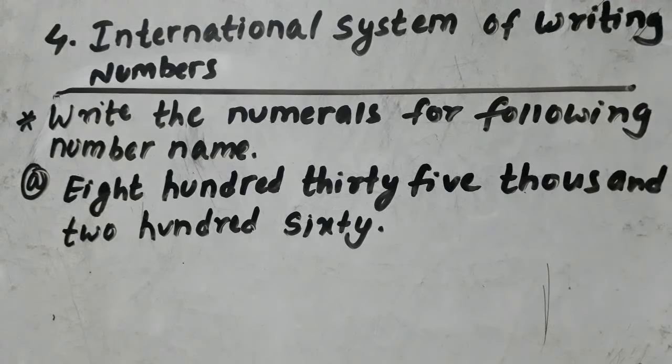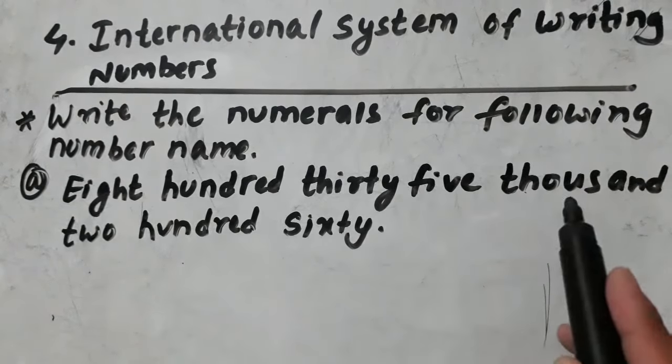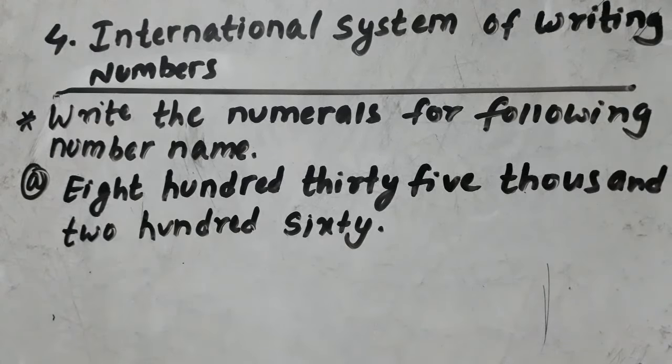So students, let's read the question. Here the question is 835,260. Now students, in the international system, while writing the numerals, we always consider period. The period starts from ones.